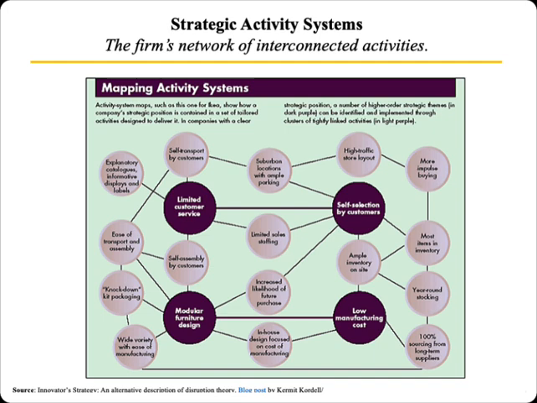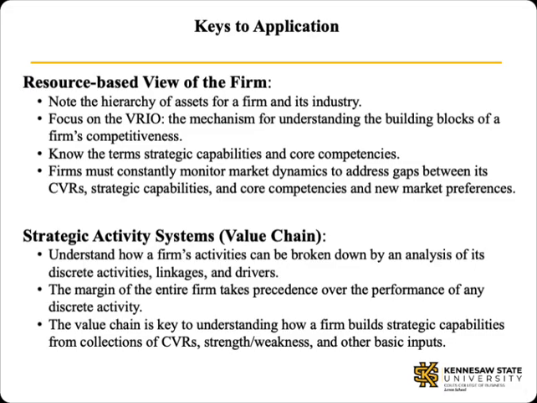Together, they explain why some companies continually stand out to customers and why others do not. To summarize, the key to the RBV is appropriately utilizing its terminology to distinguish between basic inputs, strengths and weaknesses, competitively valuable resources, strategic capabilities, and core competencies. This allows you to focus in on the things that make firms distinctive in their marketplace.